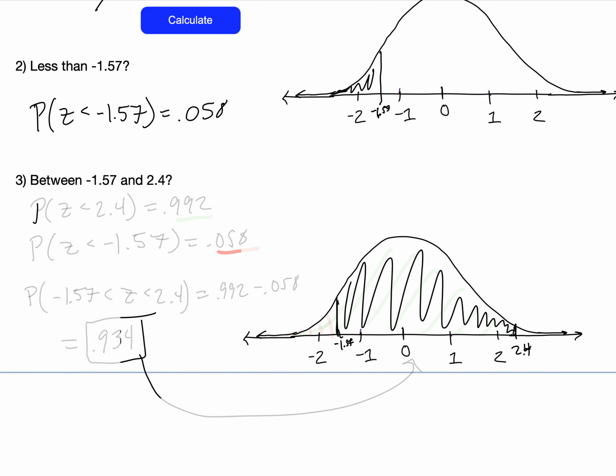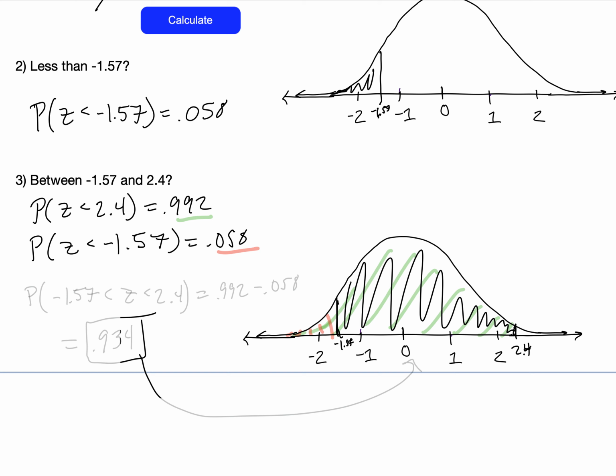We already found above that the probability that z is less than 2.4 was 0.992, and we also found just now that the probability that z was less than negative 1.57 was 0.058. And so for the probability that we're in that black shaded region, we want to take everything below 2.4, that is this probability, and subtract away the part that we don't want. The part that we don't want is this probability, so we don't want this piece.